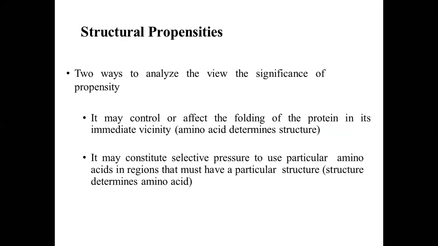Mute your mic. So we were discussing structure propensities of specific amino acids for three-dimensional structure prediction. There are two ways to analyze the significance of the propensity of specific amino acids, and it also controls the folding of protein and the selective pressure on the specific amino acid in the region where it will be.